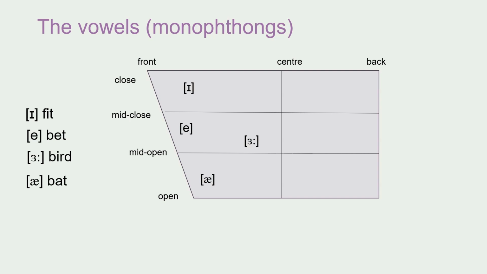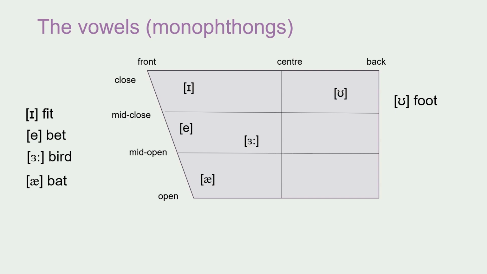We've got U, as in foot. This vowel is a fairly high vowel, a close vowel produced at the back, similar in height to I. So if you go between I and U, that's a movement backwards and forwards with your tongue rather than up and down.